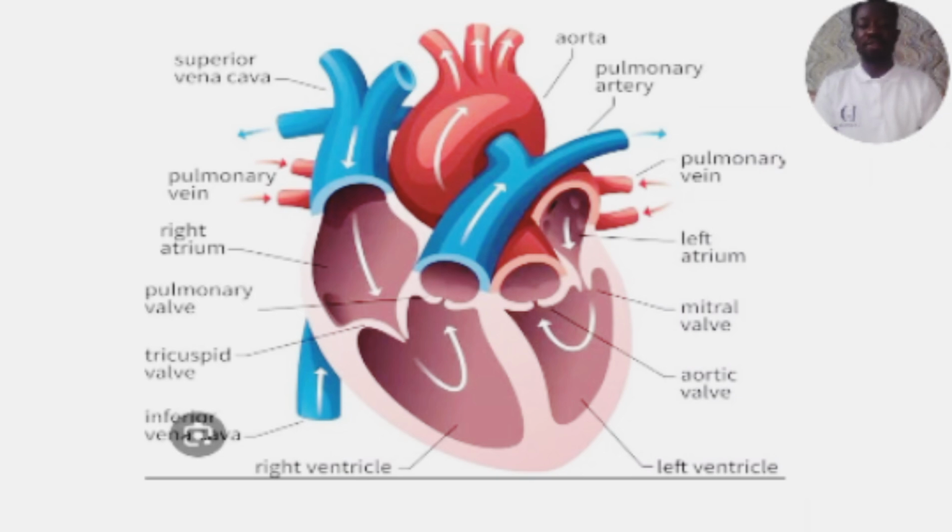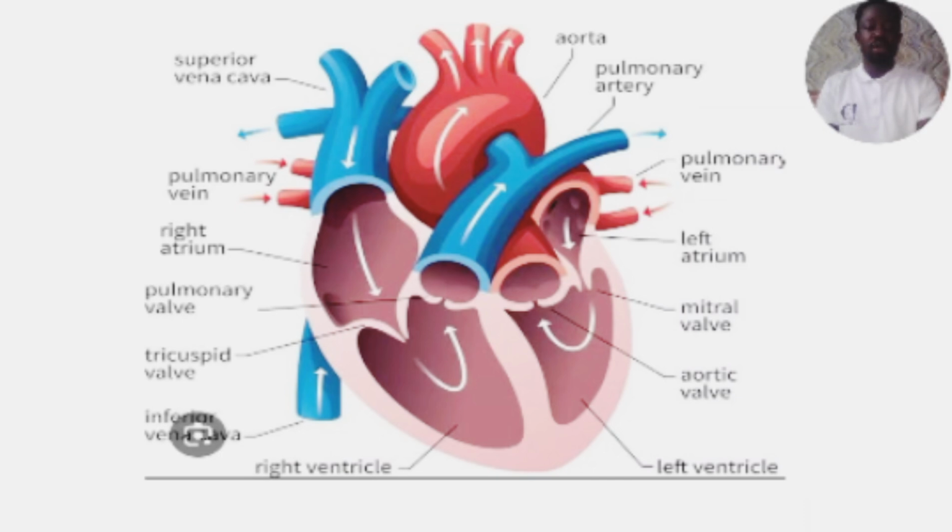The heart is divided into four chambers where we have the right and left ventricle and the right and left atrium. Now, in addition to that, we have the inferior vena cava and the superior vena cava, the pulmonary vein, the aorta, and the mitral valve. They are all connected to the heart and help the heart to carry on its function.